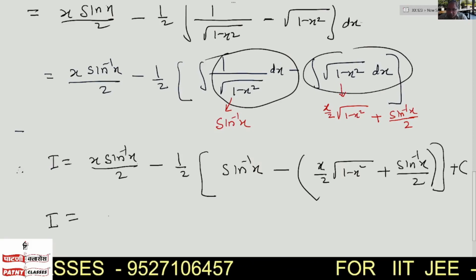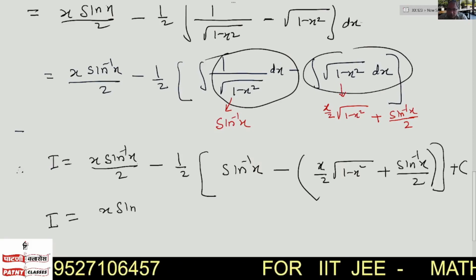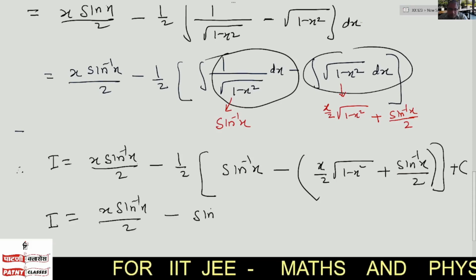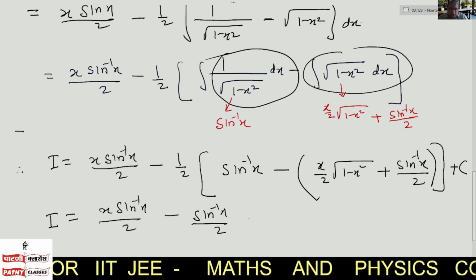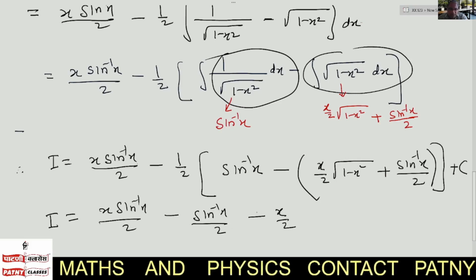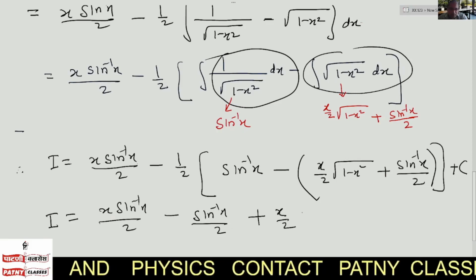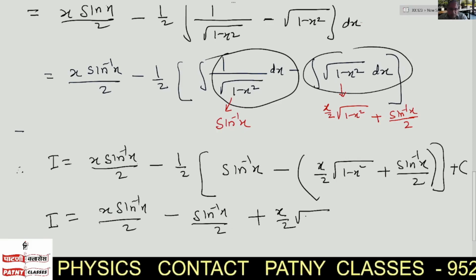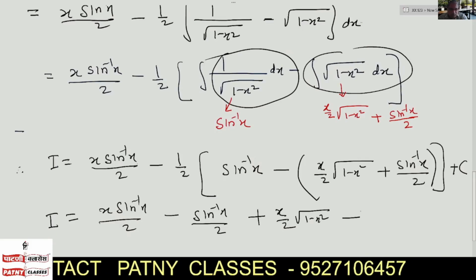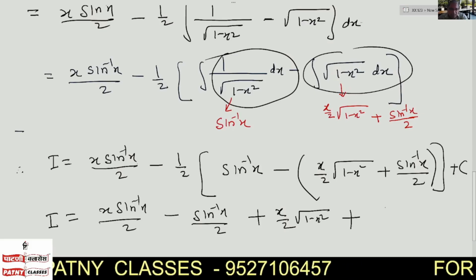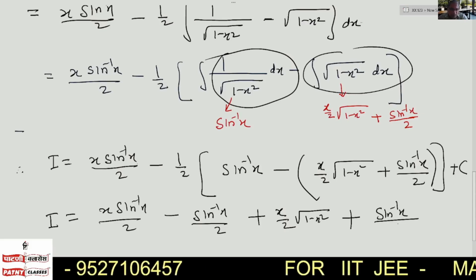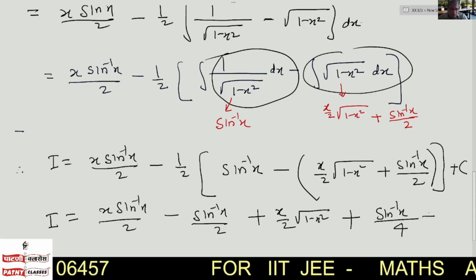I equals x sine inverse x upon 2 minus sine inverse x upon 2 minus x by 2. Here is the twice minus, so opening the bracket it becomes plus x by 2 under root of 1 minus x square, minus into minus plus again, so sine inverse of x upon 4 plus c.